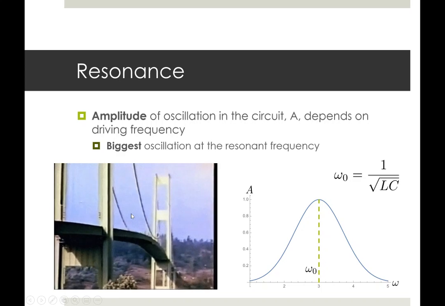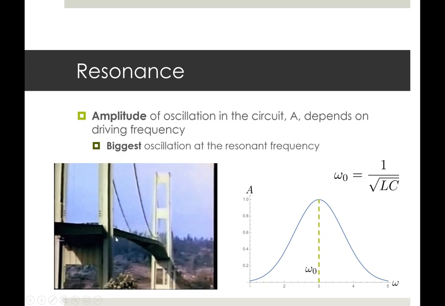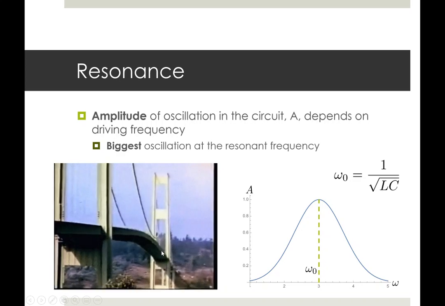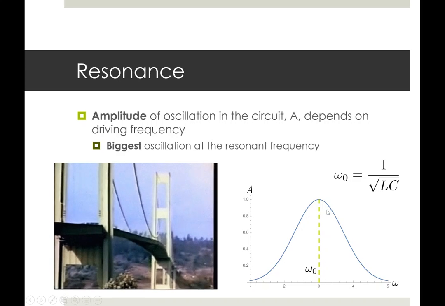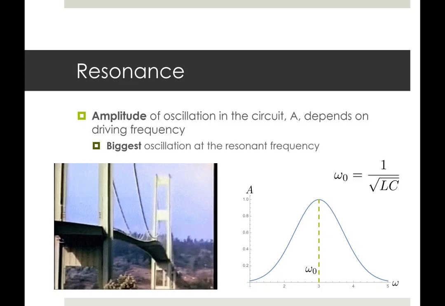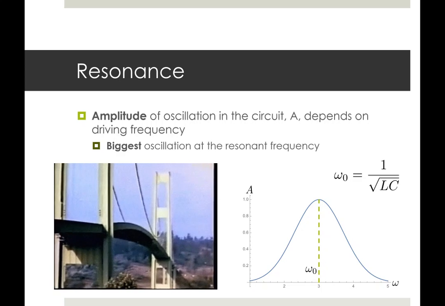And they have a frequency that they want to oscillate at. And if the wind comes along and gets these vibrations at just the right frequency, you get some devastatingly large oscillation. And on a smaller scale within a circuit, you can do the same thing. If you push on the circuit at the right frequency, you'll get very large oscillations in the circuit.